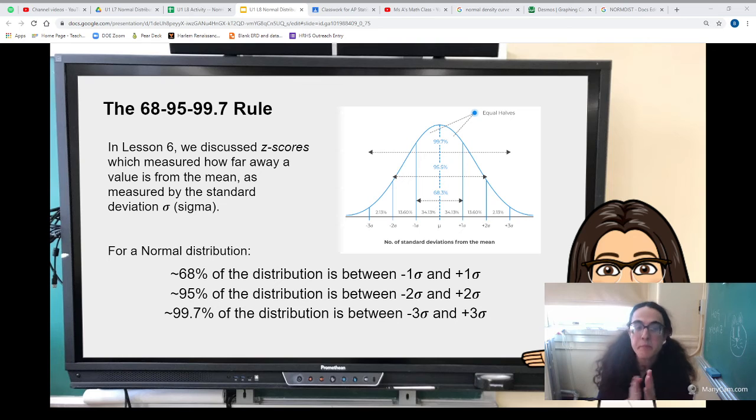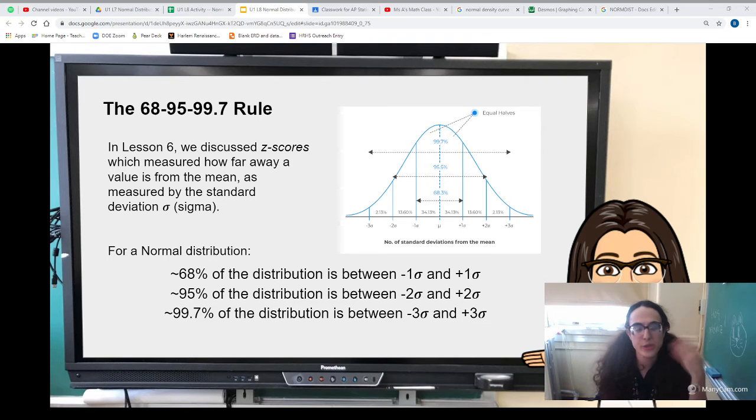If we start at the mean in the center and we start going out in both directions, we're always going to be looking at the middle of the distribution. If we go out to both the left and the right by 1 standard deviation, this middle area in between the minus 1 standard deviation and the plus 1 standard deviation will be about 68% of the distribution, which is pretty close to 2/3.